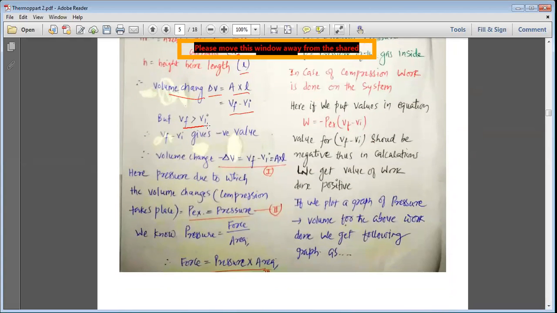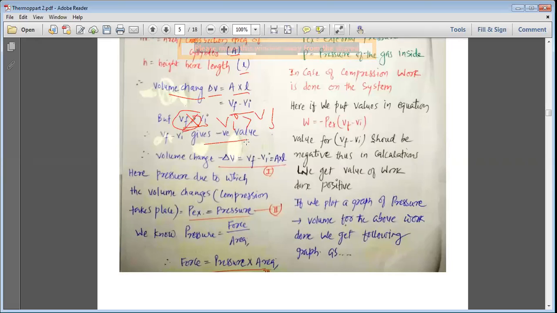But Vi is greater than Vf, and that is why Vf minus Vi is going to be negative. As there is compression, we put a negative sign before the volume change, because this negative sign represents compression.